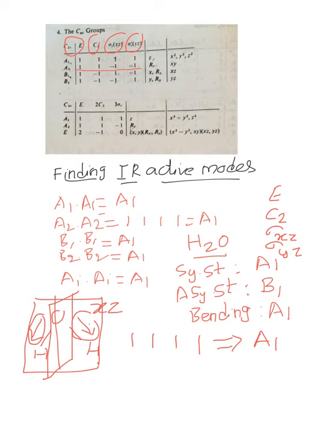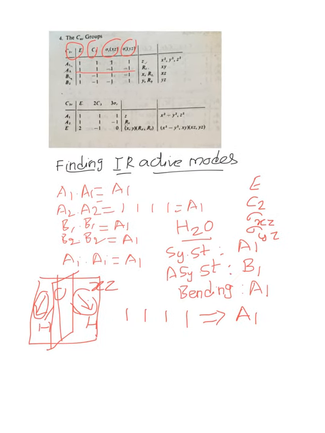Now let us consider anti-symmetric stretch. So here one bond is stretched, the other bond is compressed, so the vectors point in opposite directions. When I apply identity, nothing will change. However, when I rotate, the left side hydrogen comes towards the right and the right side hydrogen comes towards the left, so the vectors change direction and I'll get -1.